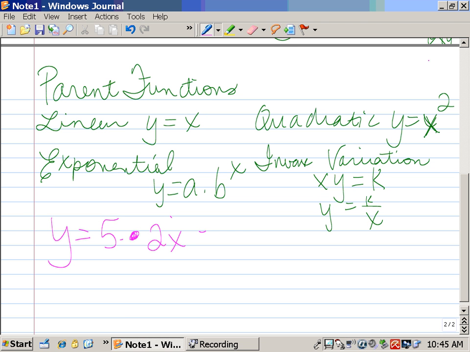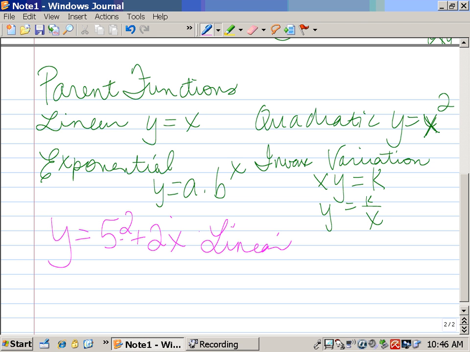So this is just y equals 10x, which is linear. Okay, now what happens if I do this? Is this quadratic? Is this exponential? It's definitely not exponential because the x is on the ground. This is linear. Because this is really 2x plus 25.